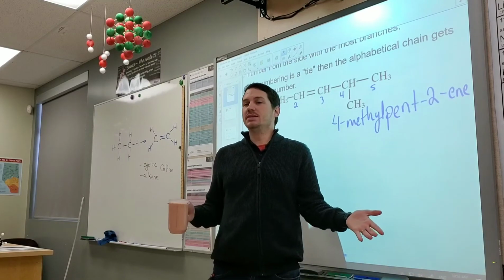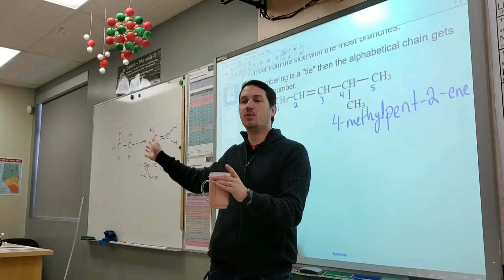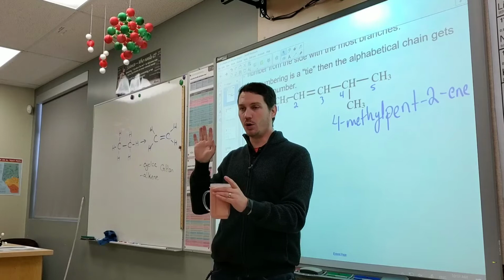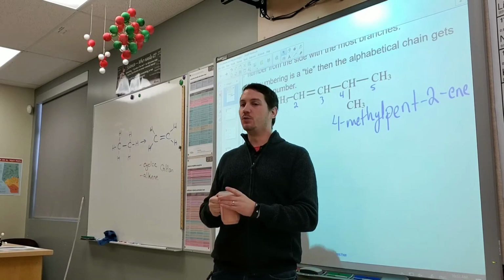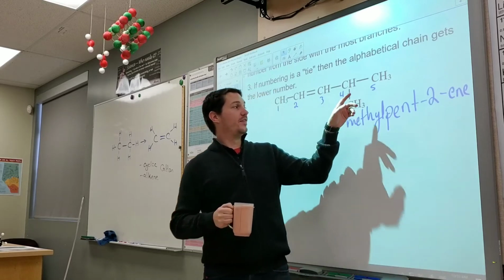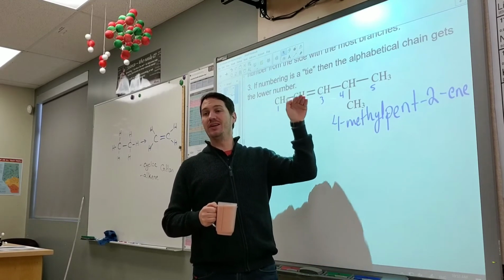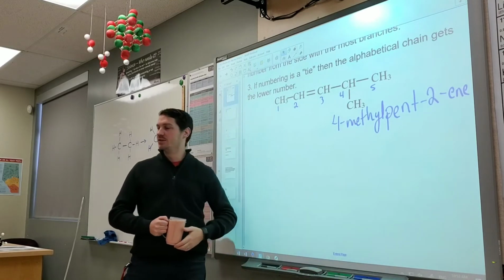The community of chemists in the entire world, we all have to get together and agree on a rule that we can all follow. And we've all agreed that the multiple bond, the double or triple bond, takes a higher priority than the branches. So that's just the rule.